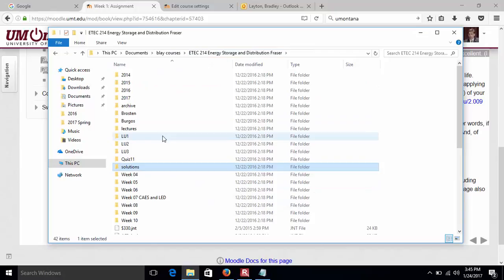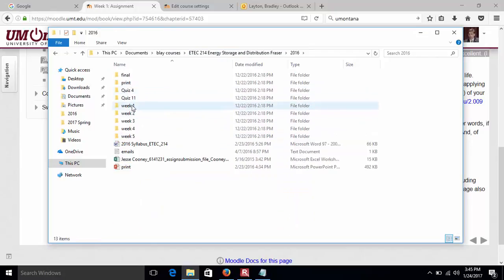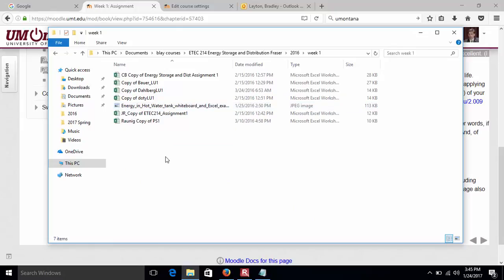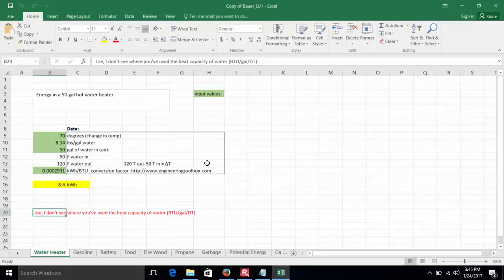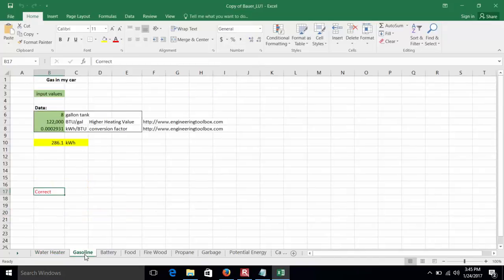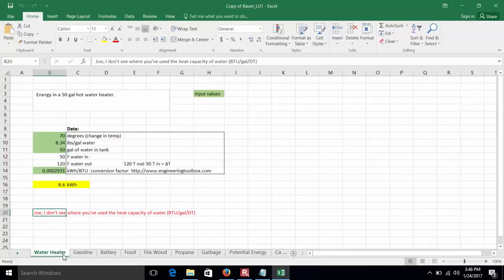Week one's pretty simple. Yeah. So here's Bauer. So he had 10 separate tabs. You could put it all in one tab if you wanted to, but he kind of got in a groove.